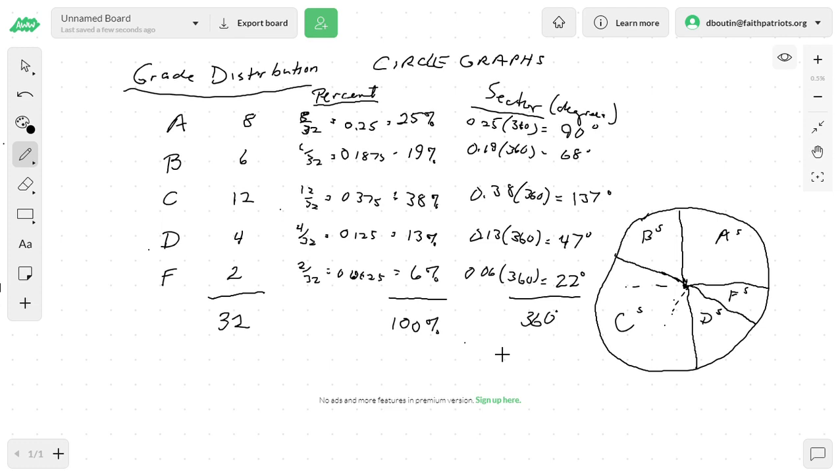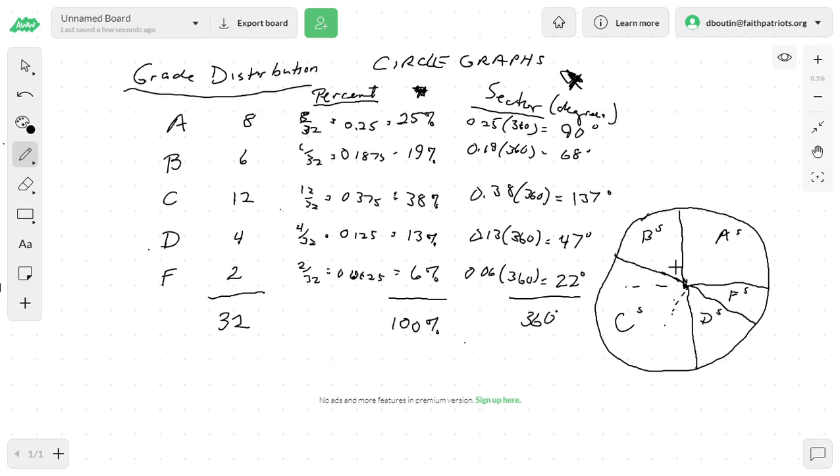The most important thing is that you have your percents column and you have your degrees column, because if you're off here, obviously I know exactly what degrees you had intended for each of the categories.